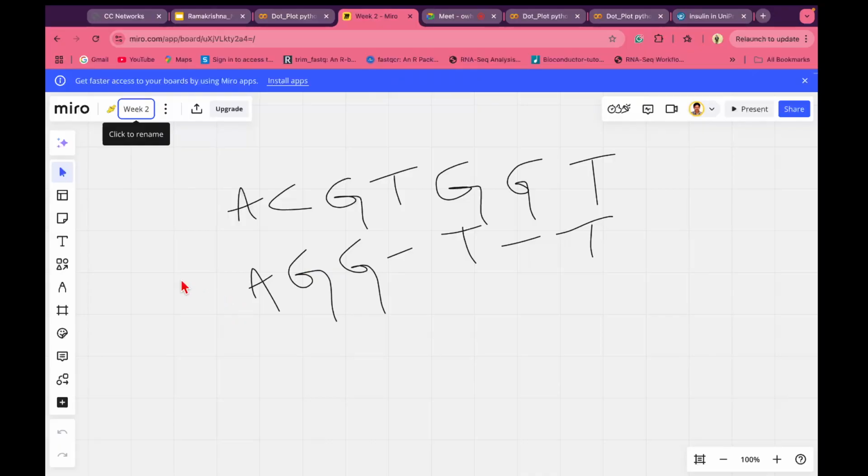So let's score. The first condition, A, is a match, so I am writing 3. Next condition, it is C and G, it's a mismatch, so -1. Then again it's a match, G is matching. Then a gap has been introduced after G, then it is -1. Further, next there is a mismatch, that is -1, gap, -1 and a match.